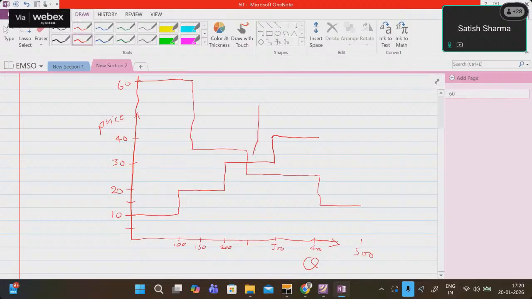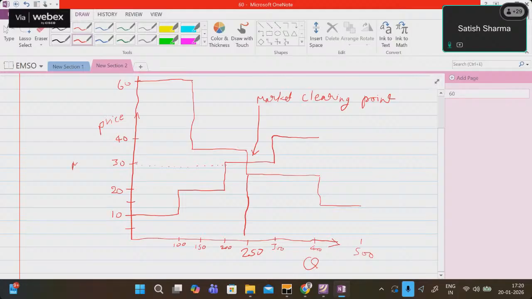You can see this is the market clearing point, and the quantity being cleared is 250, and the price intersection point is 30.